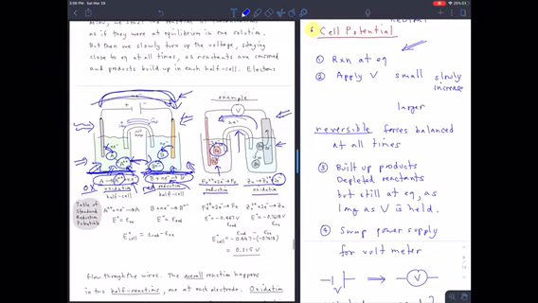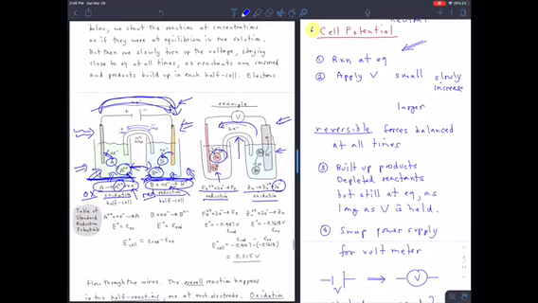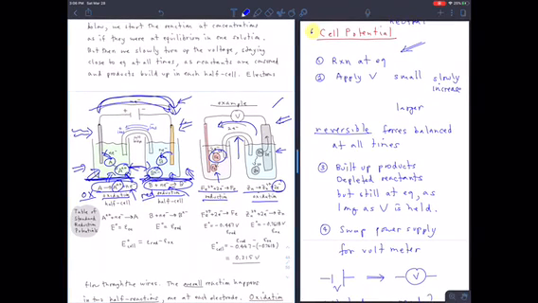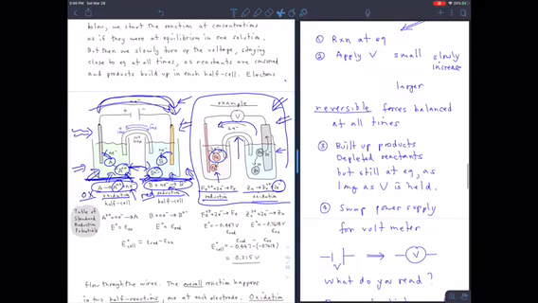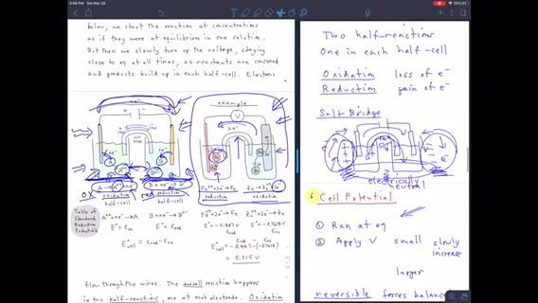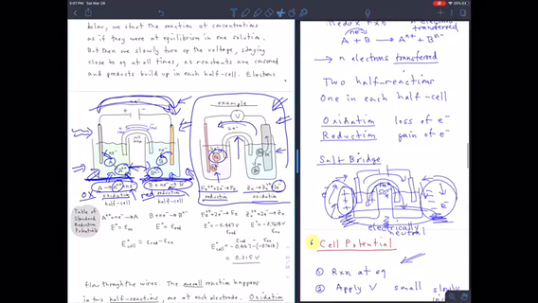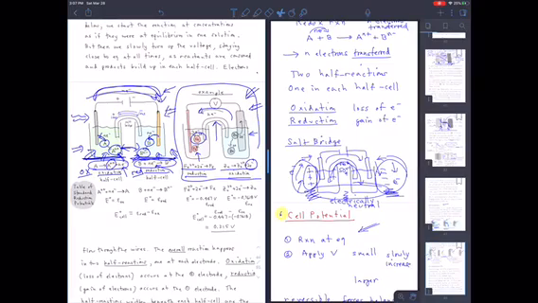I'm going to consider, in fact, this exact cell. Actually, let me copy it down so we can look at it.